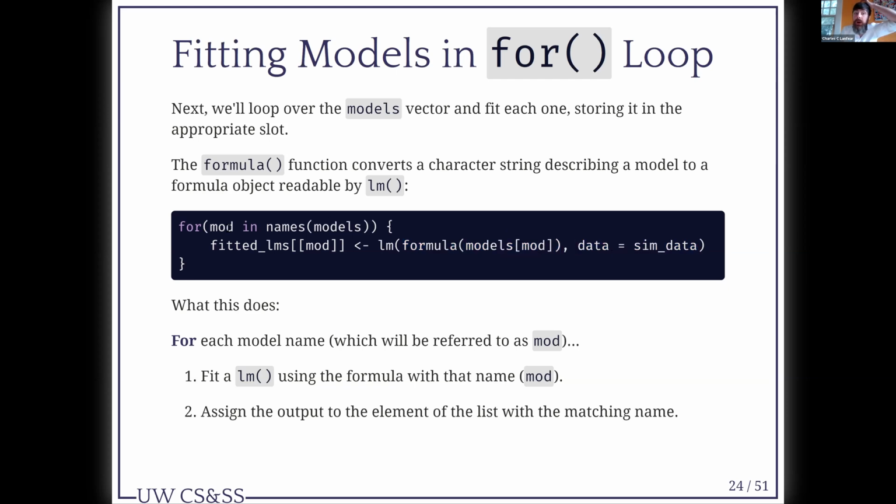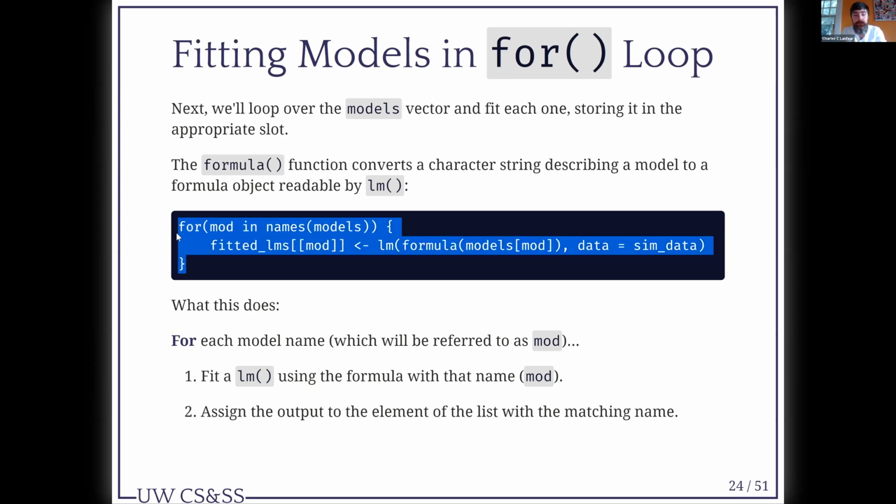So this mod in names of models does double duty. It does two things. It subsets to the appropriate element of our list object, and it subsets to the appropriate formula from our models object. Okay?